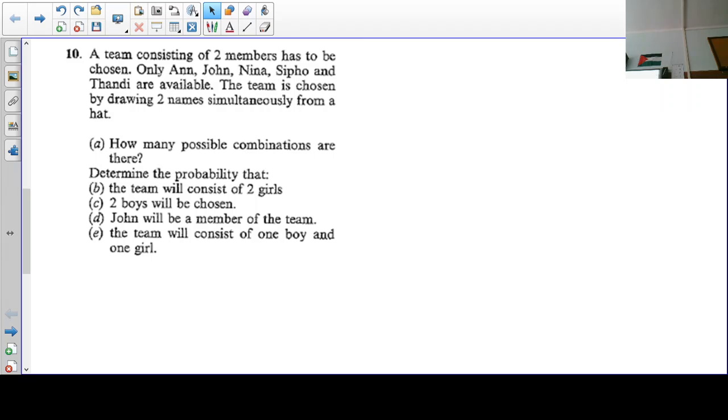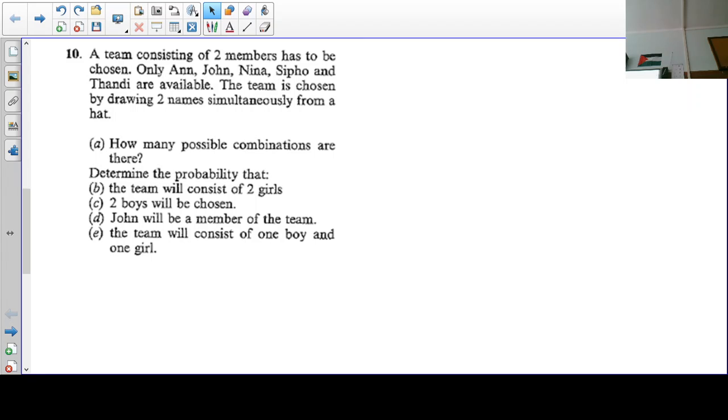The team consisting of 2 members has to be chosen from Oni, John, Nina, Sipo and Tandi who are available. The team is chosen by drawing 2 names simultaneously. What does simultaneous mean? At the same time. From a hat. They want to know how many possible outcomes are there. So how many possible outcomes are there?